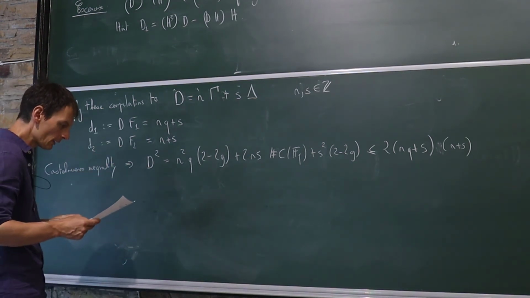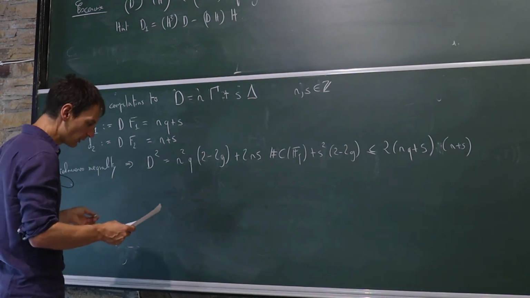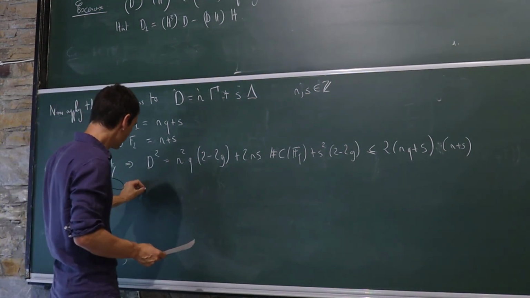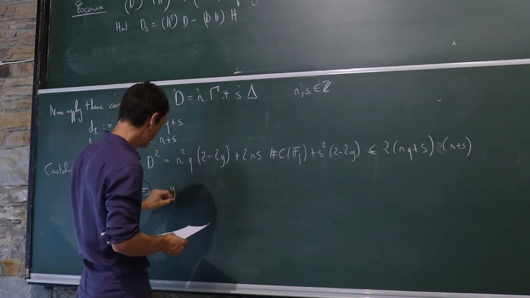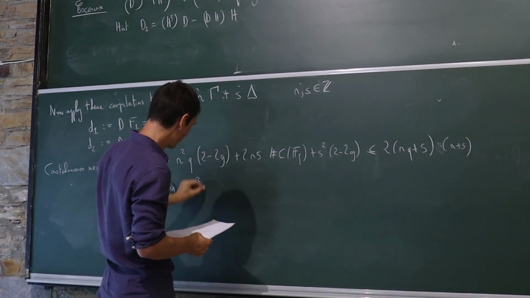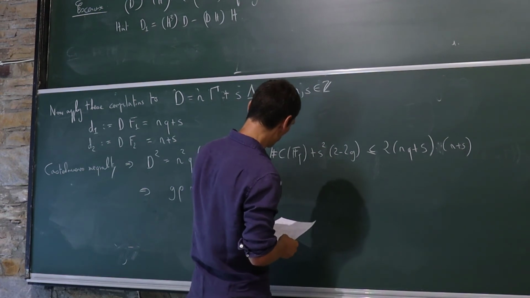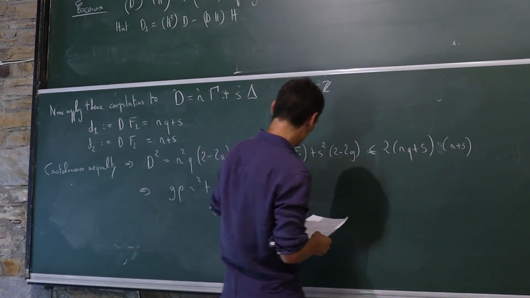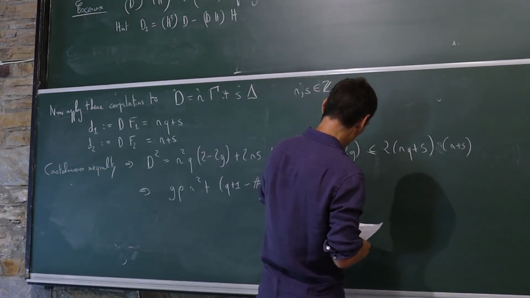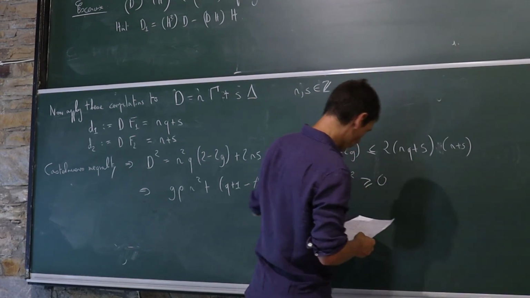Okay, and now you move everything around, and what you see is that you get gQ R squared plus (Q plus 1 minus the number of points of C over F_q) RS plus gS squared is greater or equal to 0.